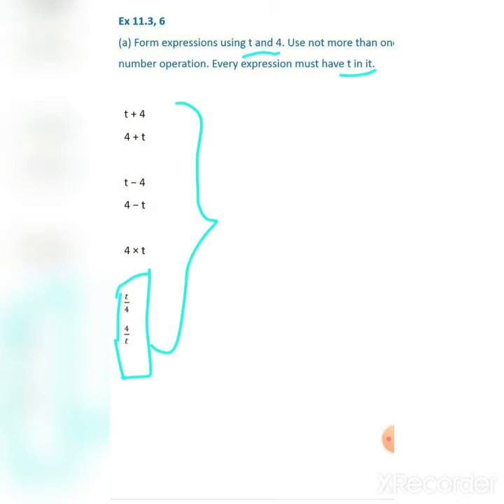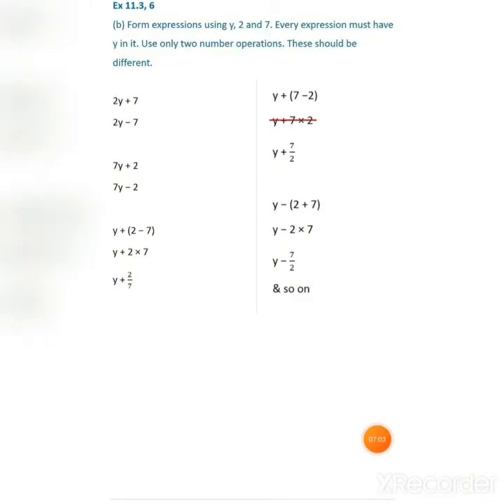By using only two things, t and 4, we can make only this many expressions. But as you can see in the previous one, we had three different numbers, so we were able to form many expressions.